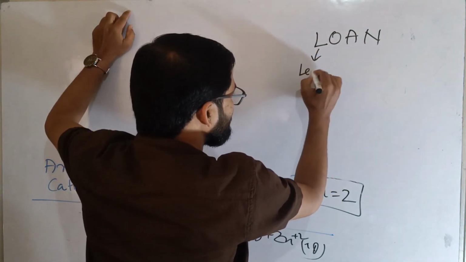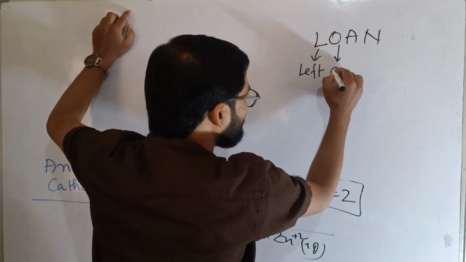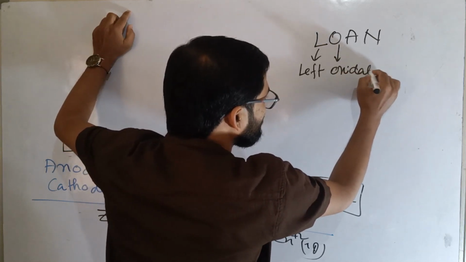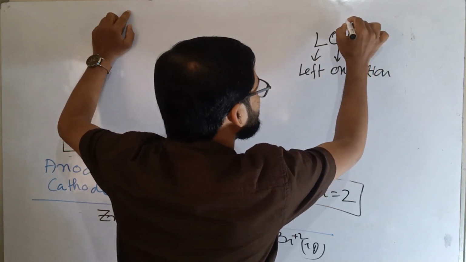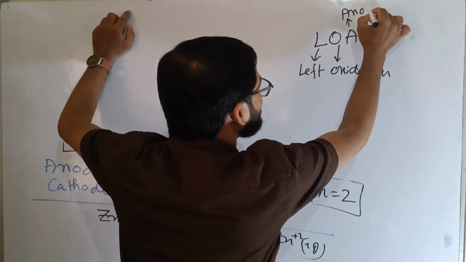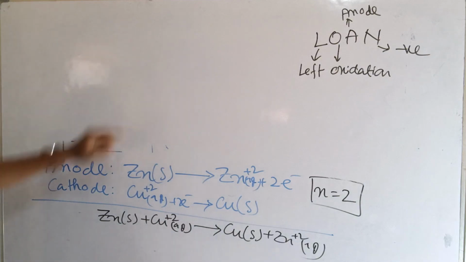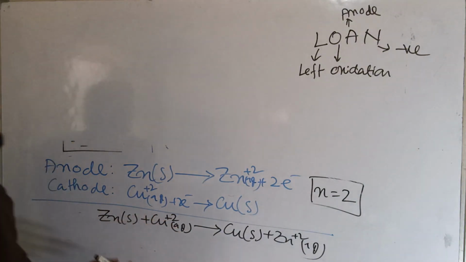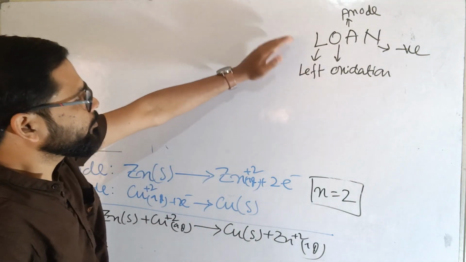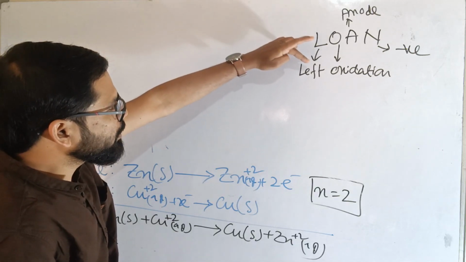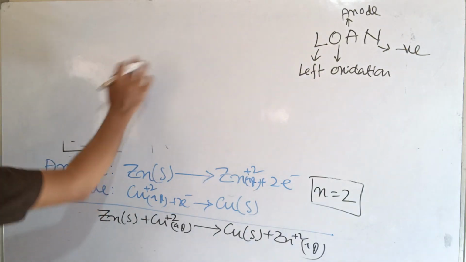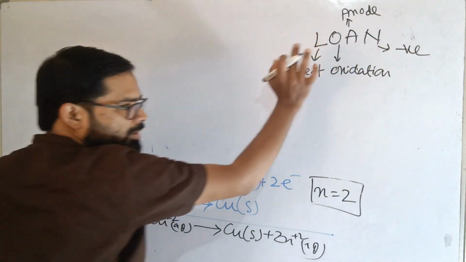L indicates left side, left oxidation, A anode, and negative charge. Clear? So the left side always means oxidation, and oxidation means anode.